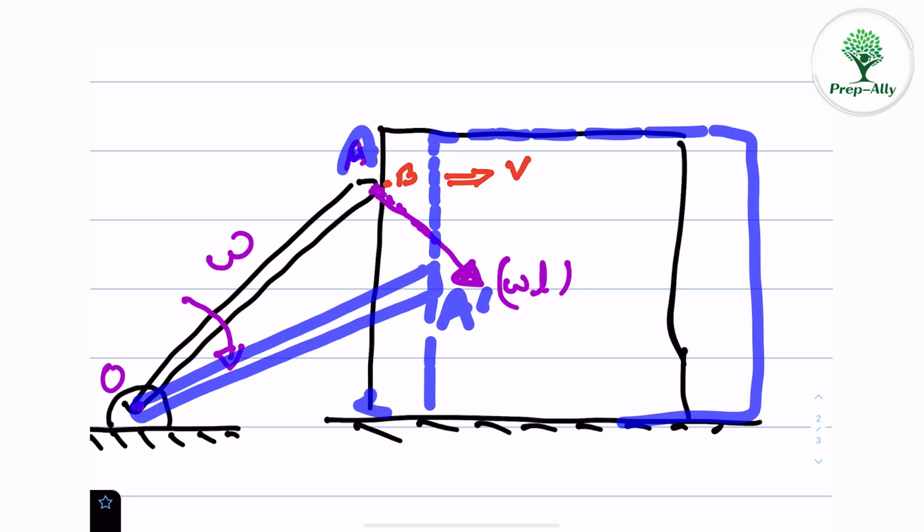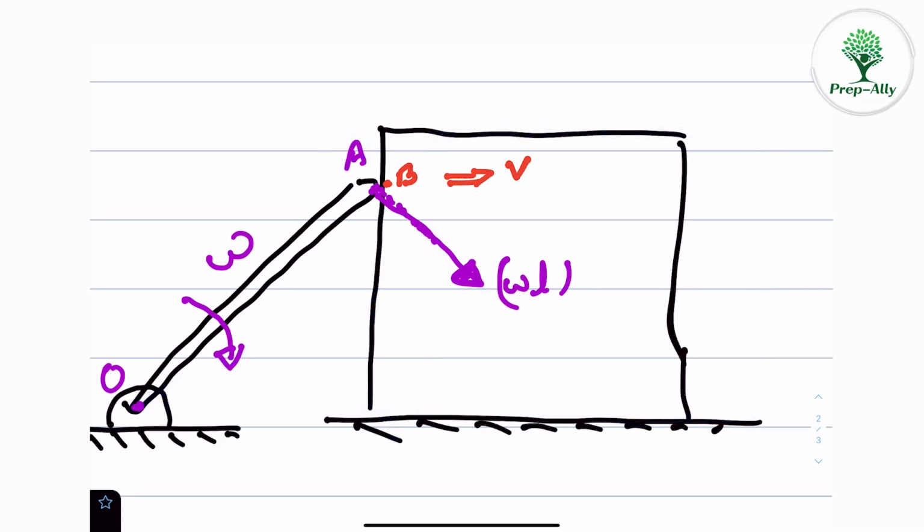The horizontal displacement of A is the same as the horizontal displacement of the block, which means A's horizontal velocity is the same as the block's horizontal velocity. A can also be going down. You may remember the wedge constraint: the component of velocity perpendicular to the surface in contact is the same. So you can say this is a kind of wedge constraint.